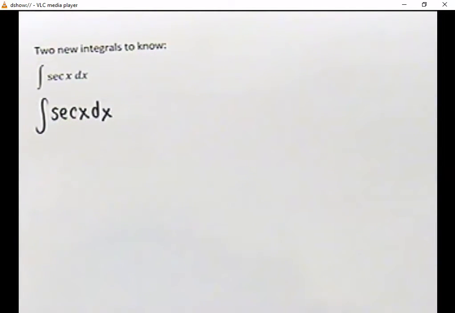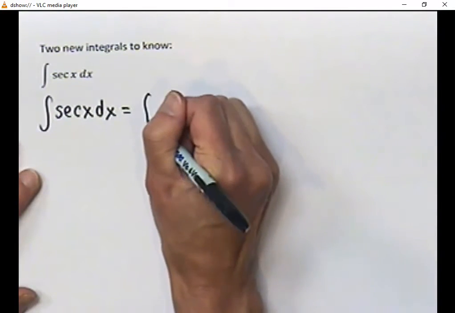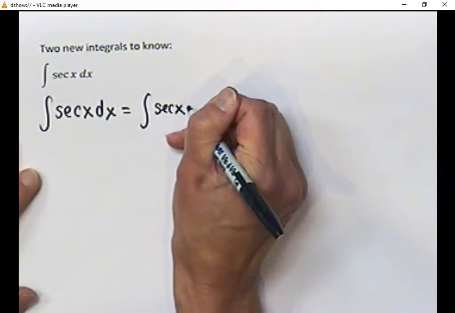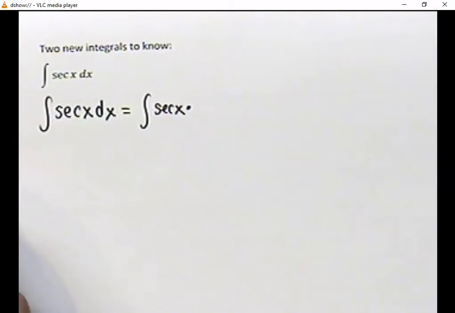So secant by itself would be hard to integrate. It's 1 over cosine, so cosine is there in the denominator, so by itself it is difficult to integrate. So we use a technique called multiplying by a fraction that really is a form of 1. We're going to make a clever choice though.